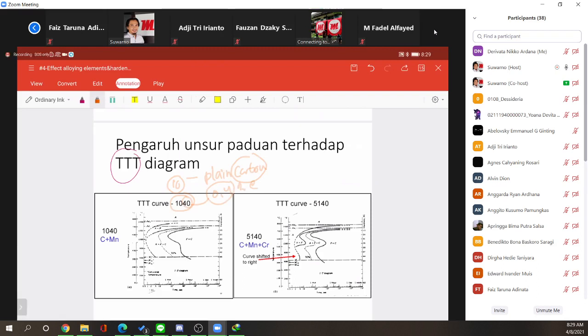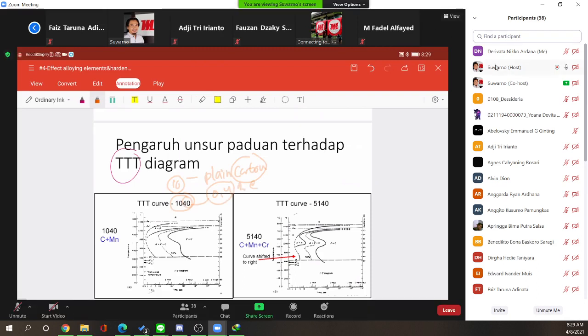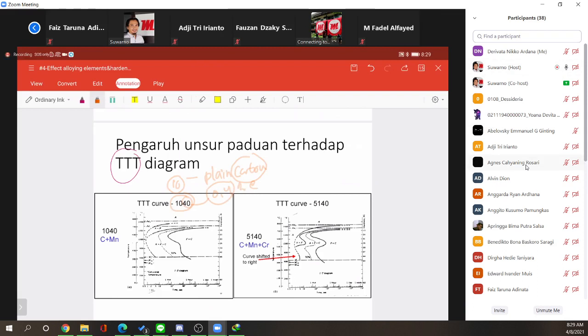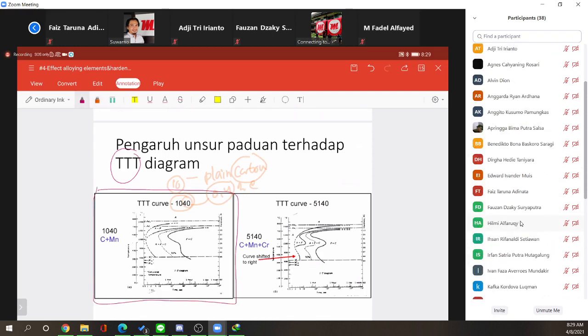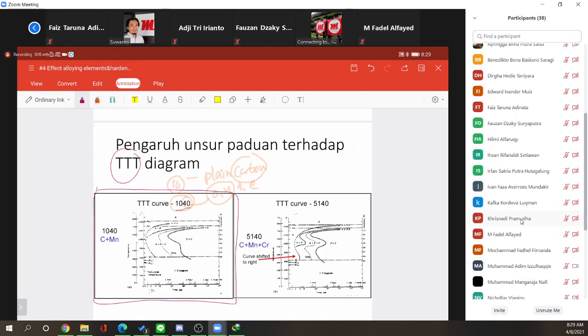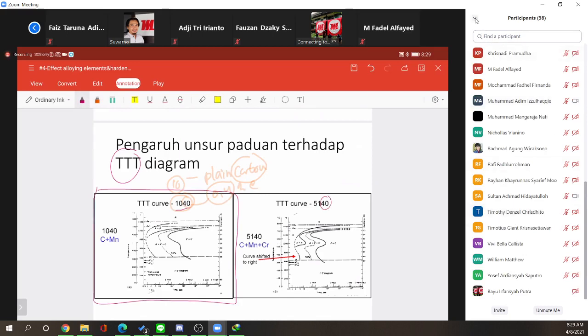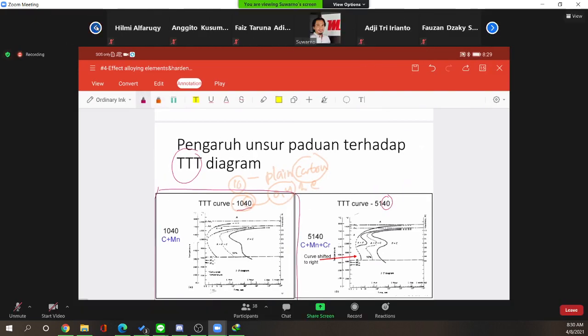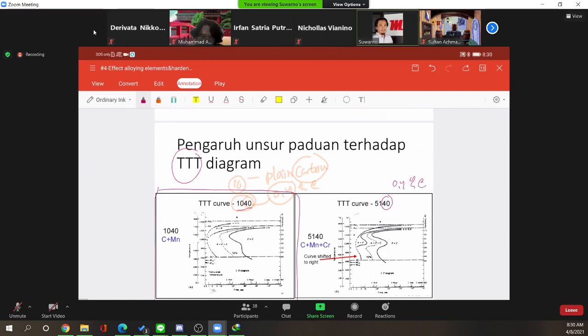Now if you add additional alloying elements into this steel, the carbon content is still the same: 40 means 0.4% carbon.